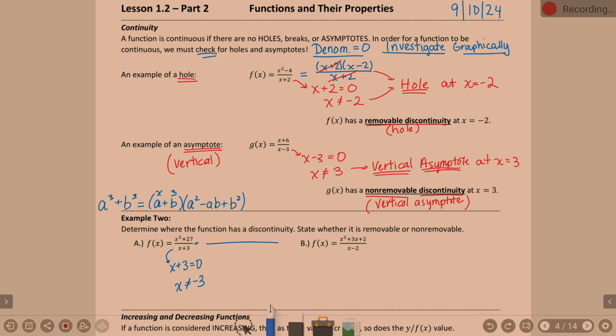So every place there's an a, I'm going to use x, and every place there's a b, I'm going to use 3. So the first parenthesis, when I factor this, is a plus b, or basically the cube roots added. So in this case, it's going to be x plus 3.